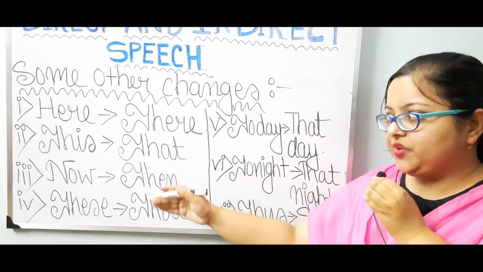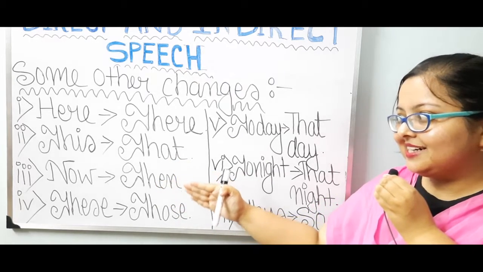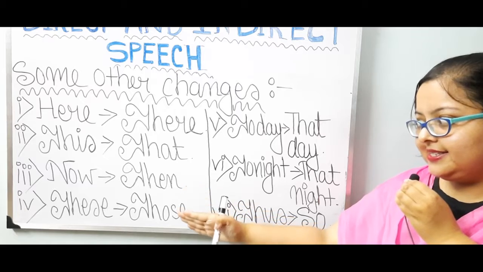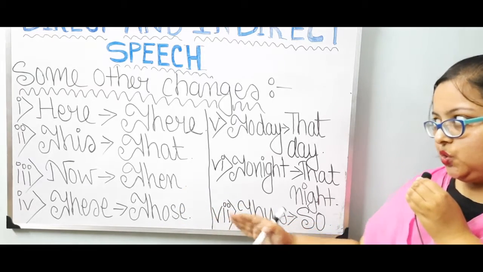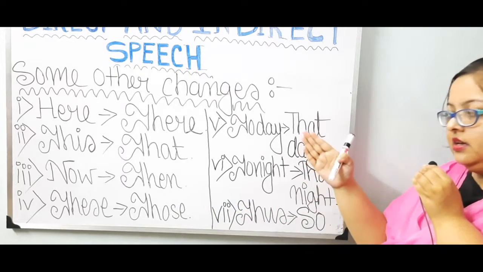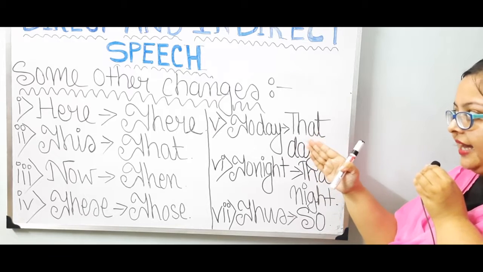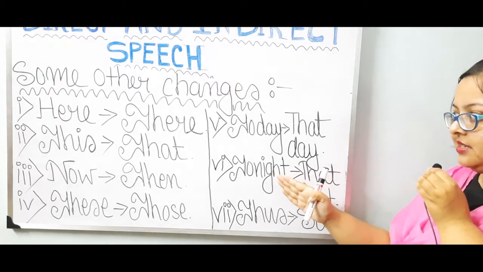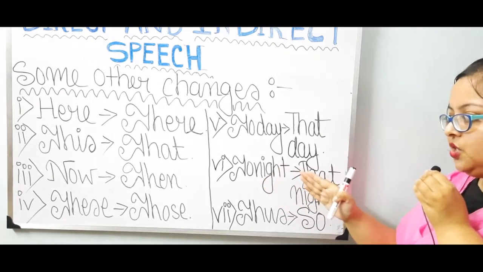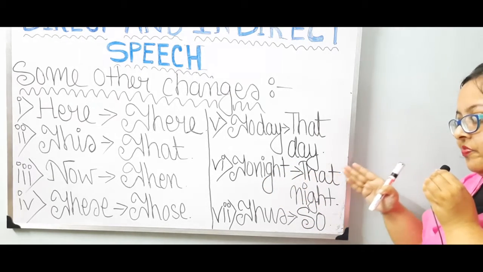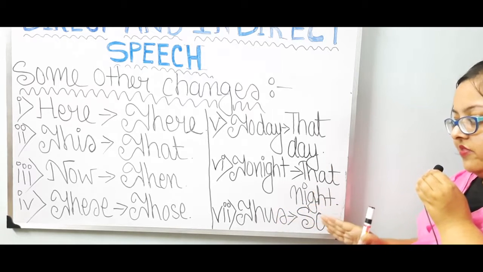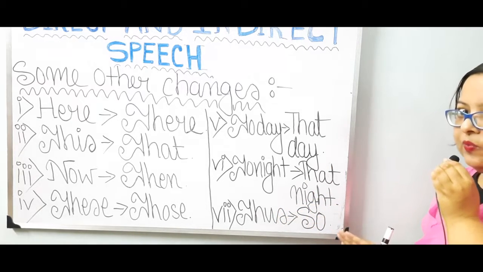Number 3, now is turned to then. Number 4, these will turn to those. Number 5, today will turn to that day. Number 6, tonight will turn to that night. Number 7, thus will turn to so.